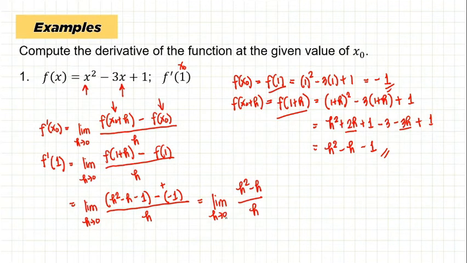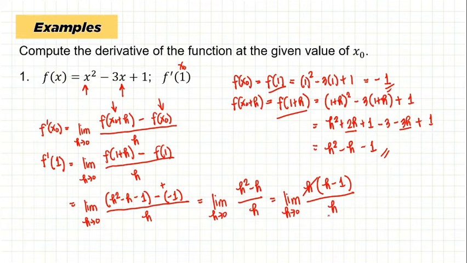Now, if we do direct substitution, this will become 0 minus 0, which is 0 over 0, which is indeterminate. So therefore, we will factor this one. For the numerator, the common factor is h. So what's left is h minus 1, all over h as h approaches 0. So from here, h is common.